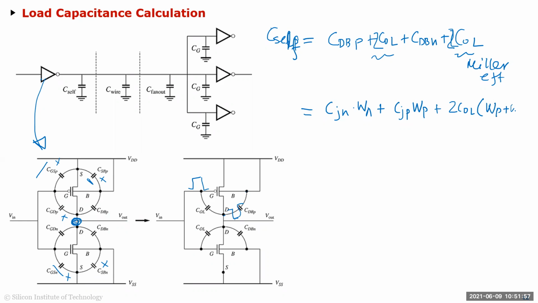Okay. So yeah, I should write this as small COL. So this is basically per unit length, so femtofarad per micrometer, right? And then you multiply by the WP plus WN just like before to get the total cap.